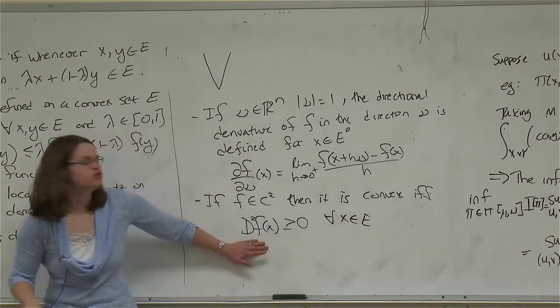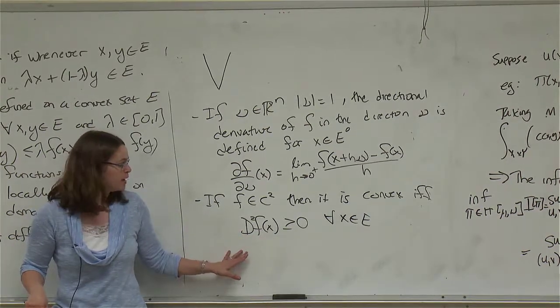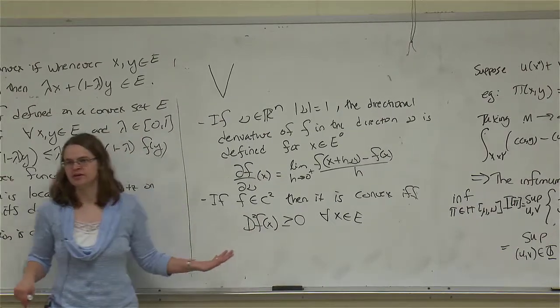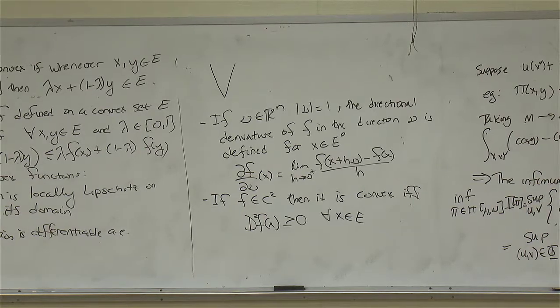So this is a matrix, and I've written greater than or equal to 0. What I mean when I write a matrix is greater than or equal to 0 is that it's positive semi-definite. I'm probably going to use that notation again.